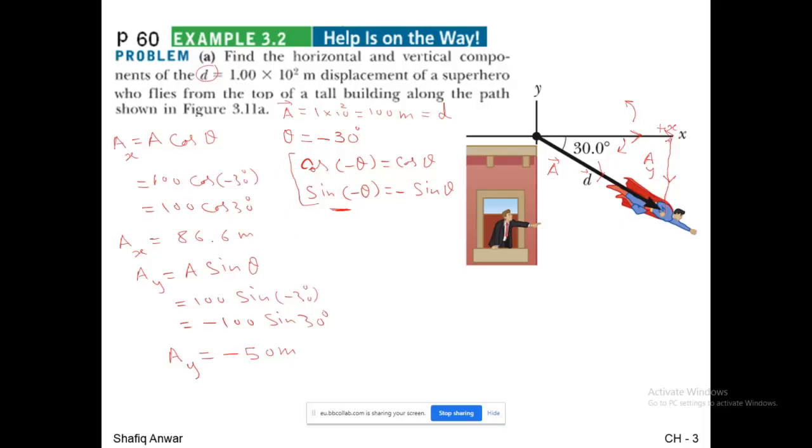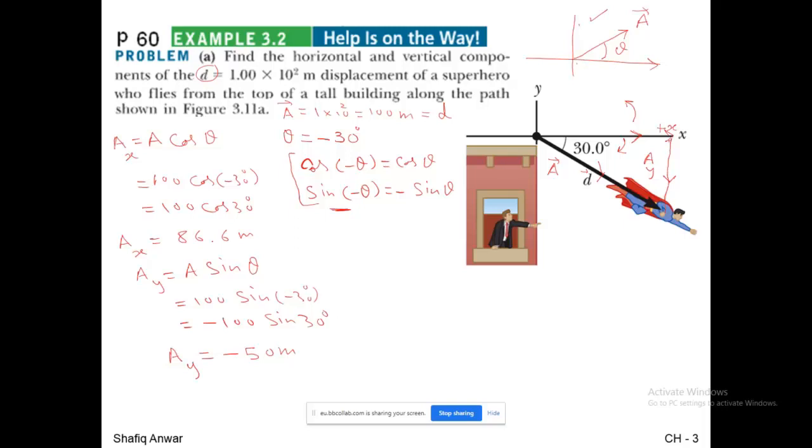Teacher, can you repeat minus 30? Okay. First of all, keep in mind that we have set the rule that if you have any vector making angle theta here, we take this positive because this is already in the first quadrant.